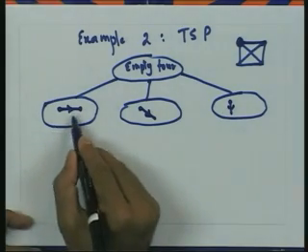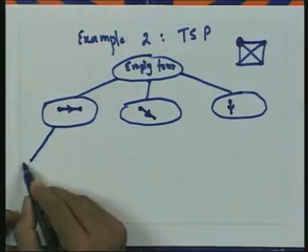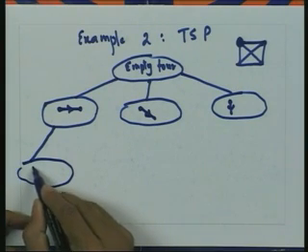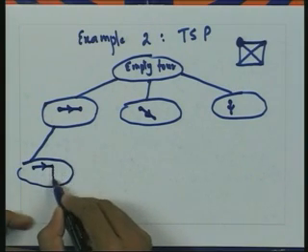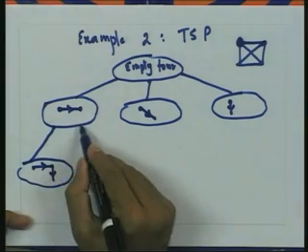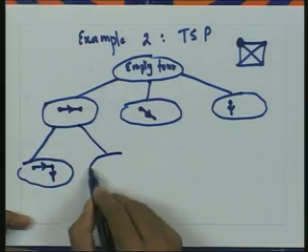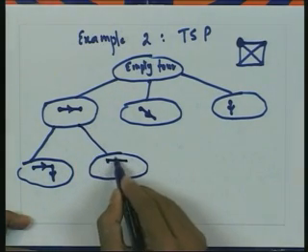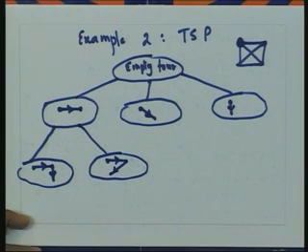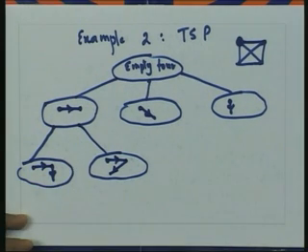Then this tour can further be extended over here. Starting at this, it can go down directly, or it can go back diagonally, and so on. Eventually we'll get to a leaf where we'll have complete tours.